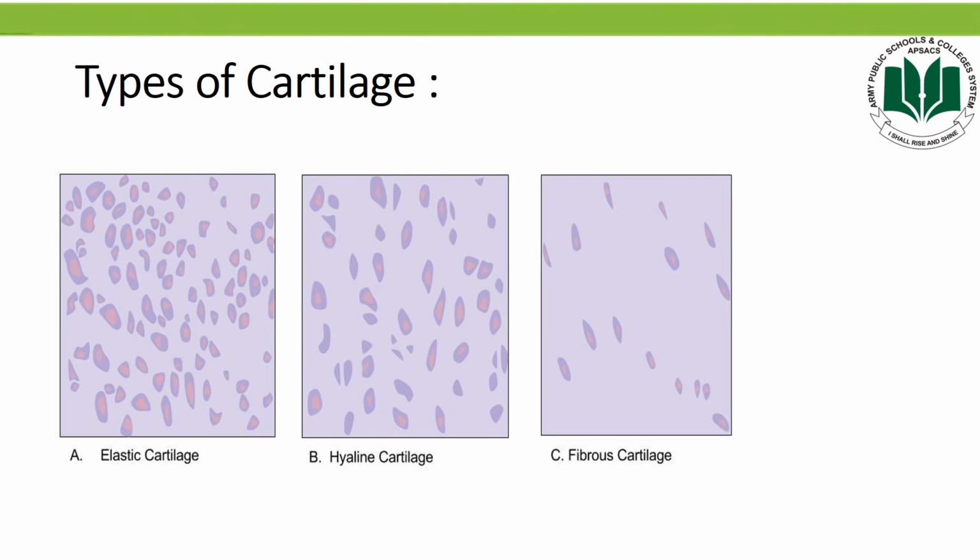Now students, remember one more thing. Which cartilage is the strongest in our body? The answer is fibrocartilage. Why? Because it contains fine collagen fibers arranged in layered arrays. That's why it is one of the strongest in the human body.